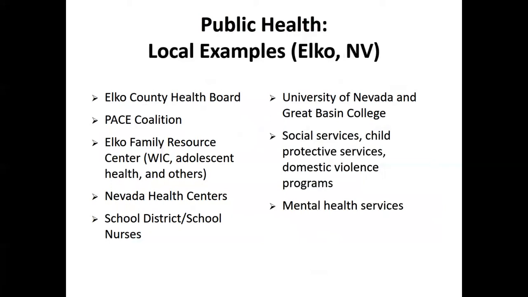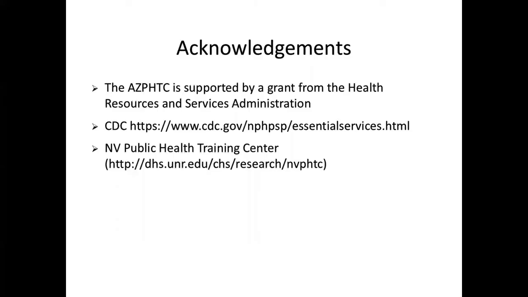There are also many other organizations and government agencies that are involved in the local public health system. These include law enforcement, departments of transportation, parks and recreation departments, emergency medical services, local hospitals, allied healthcare providers, local businesses and employers, and many others.